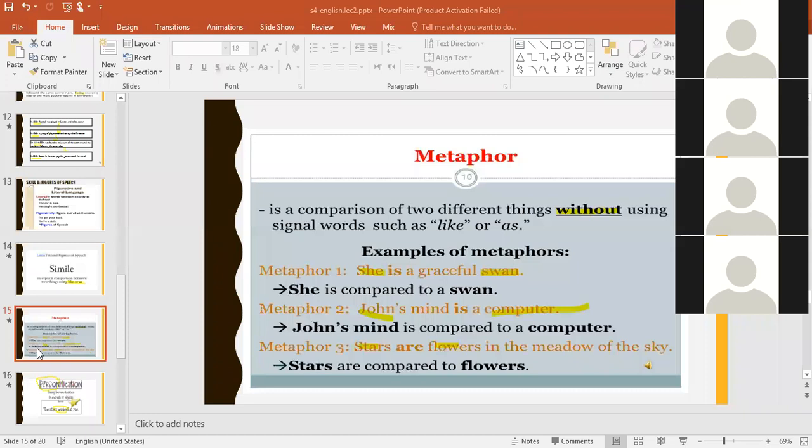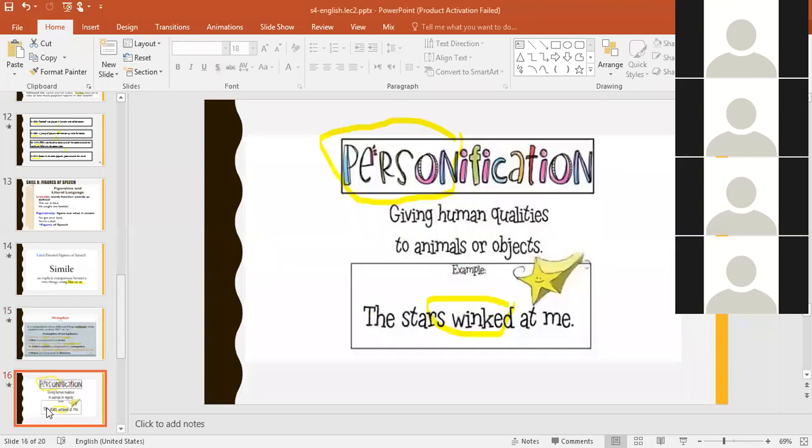So let's now move to personification. Personification is when I give human qualities to animals or objects. The stars winked at me. Who usually winks? Human beings. The flowers were dancing. Human beings usually dance.